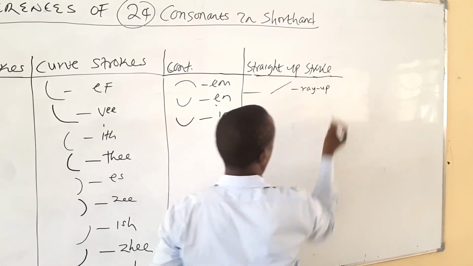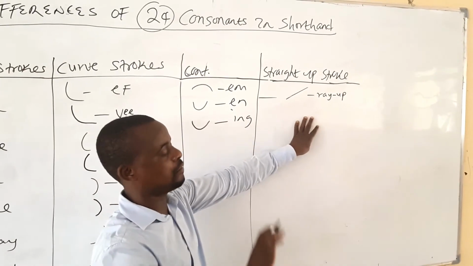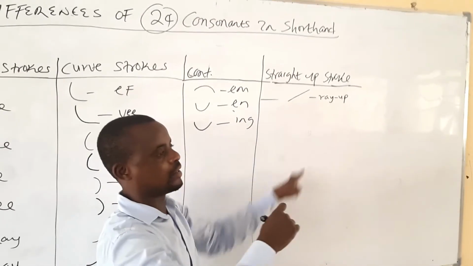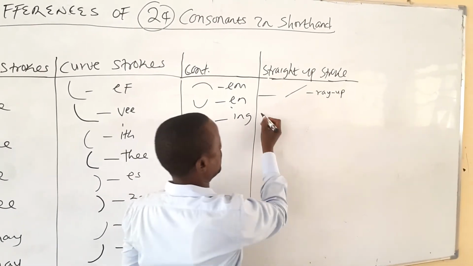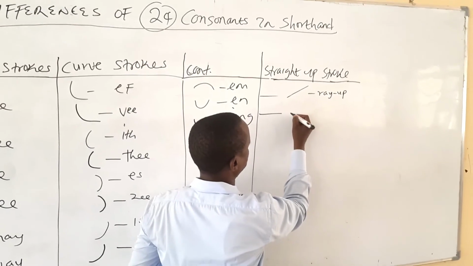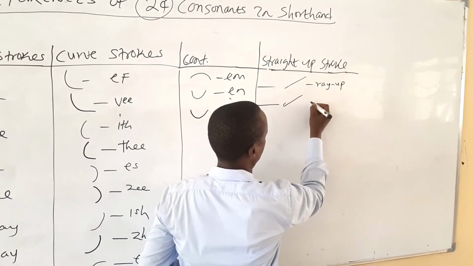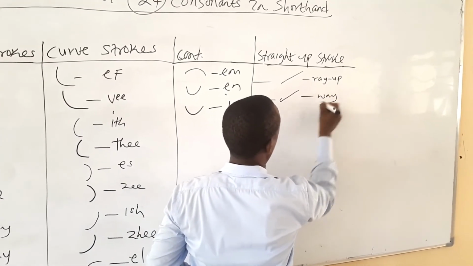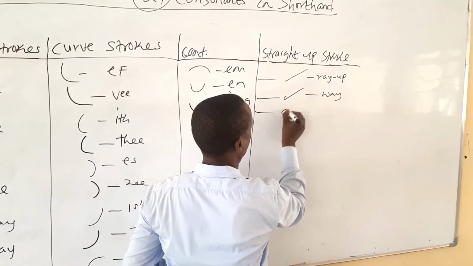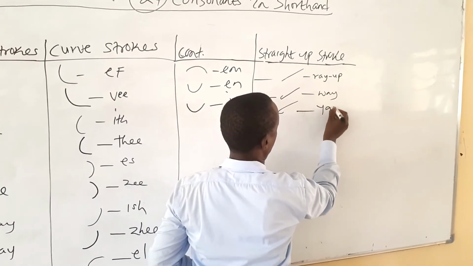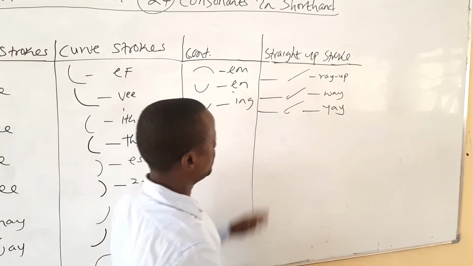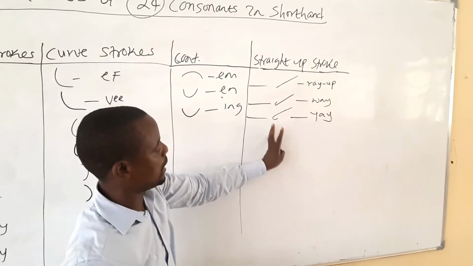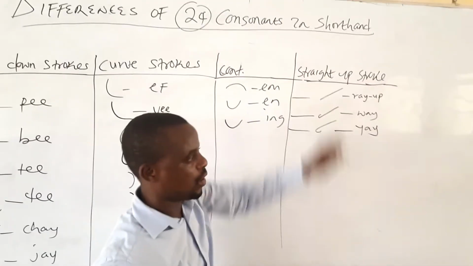The reason why we say ray off is because we have R down. This is ray off and it is straight up. Then we have way. This is way. Then we have yay. This is yay. This is a straight up stroke. They are written up.